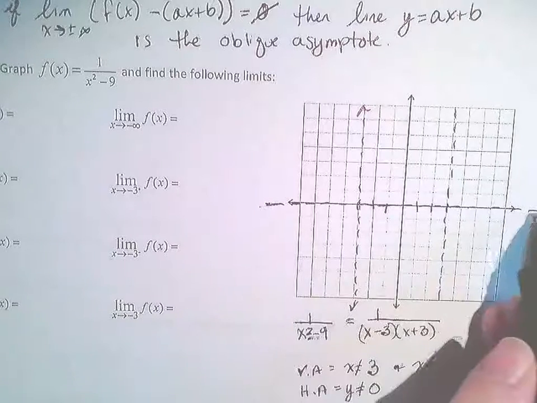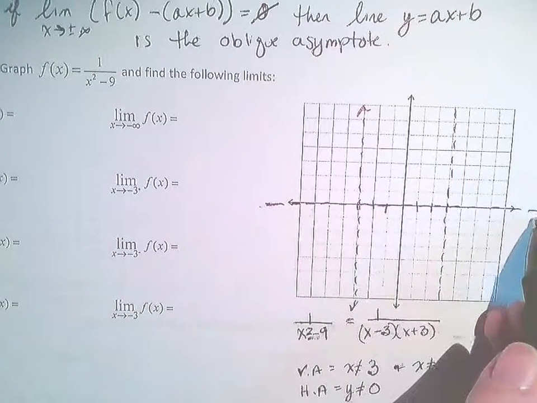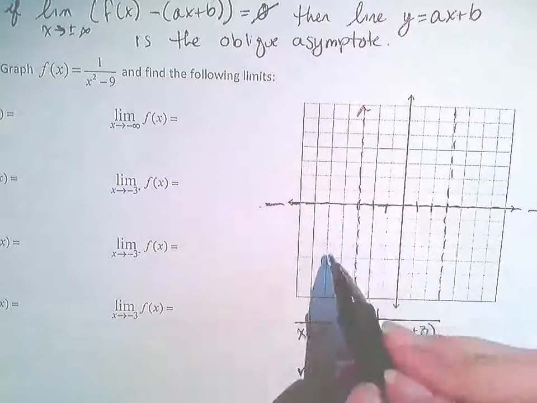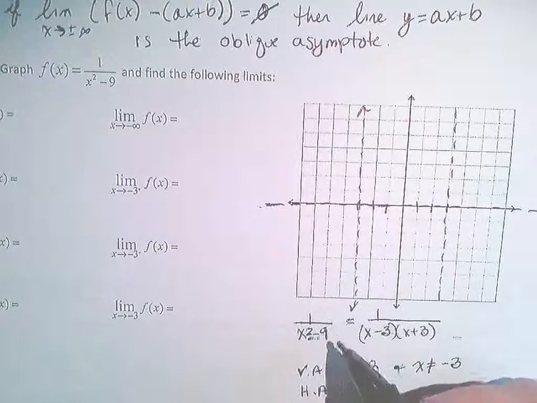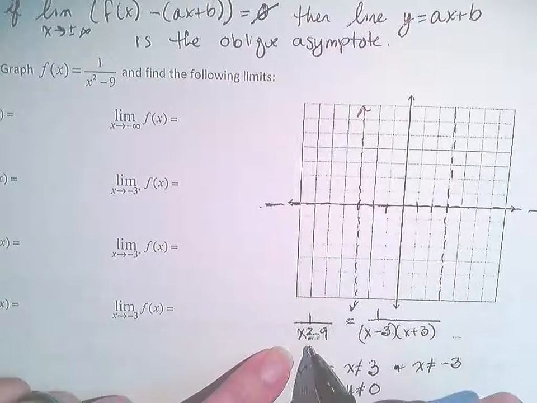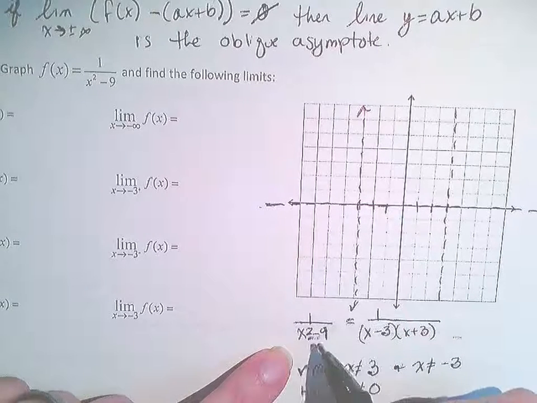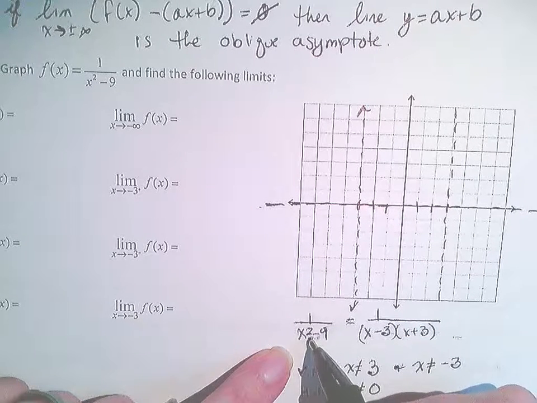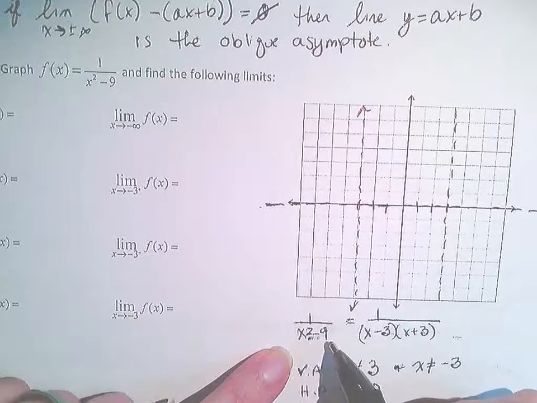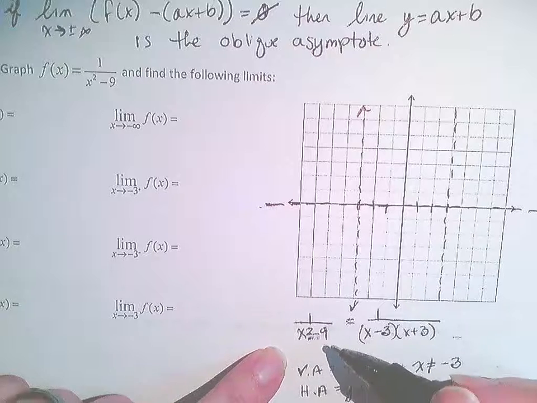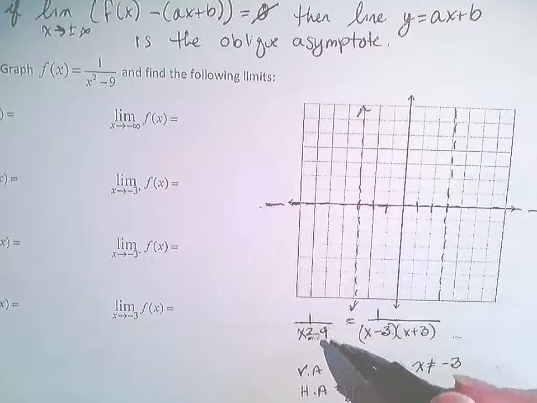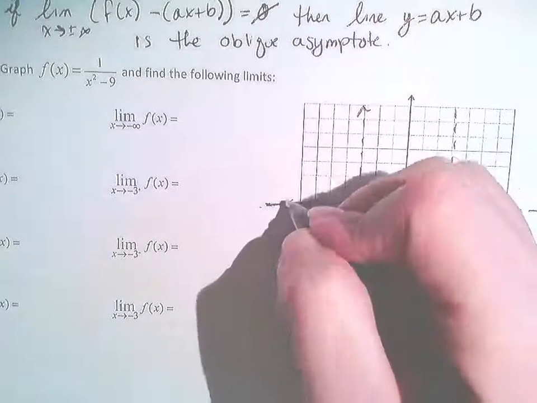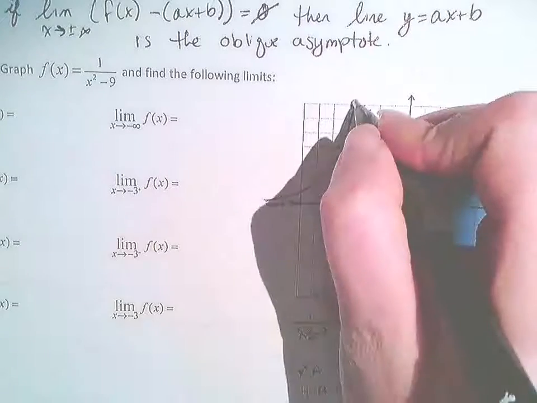Since the horizontal asymptote is right at 0, it makes it easy. If it's positive, it's up here. If it's negative, it's down here. If you plug in, let's say, -5, so -5 squared is 25, 25 minus 9 is positive 14, so 1 over 14 is going to be positive. So that means this branch is right there.